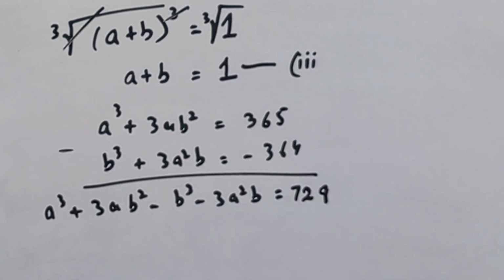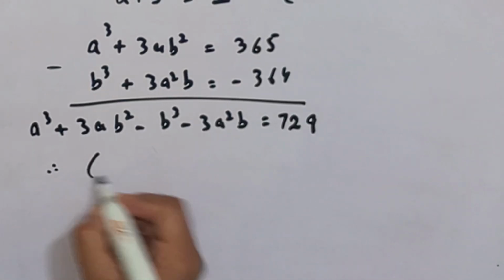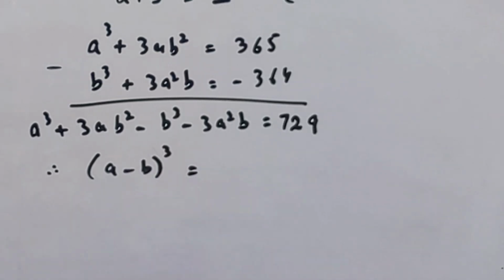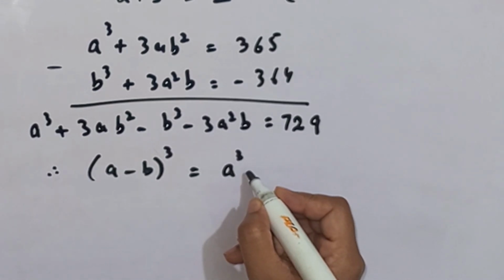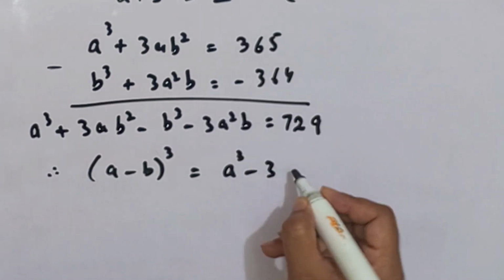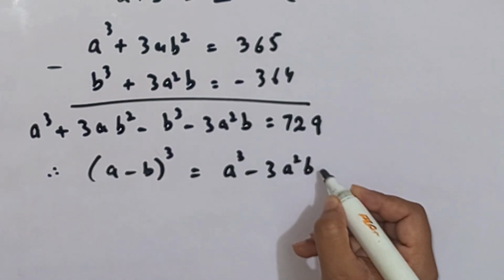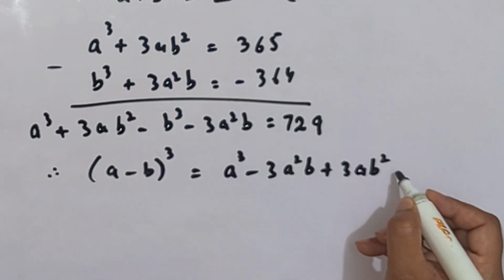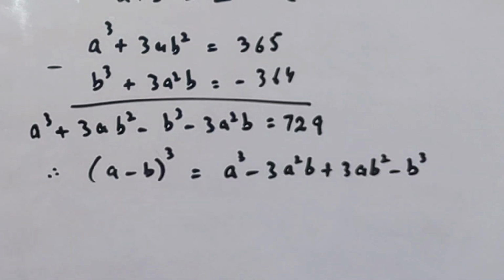Now here we recall the identity: a minus b whole cube is equal to a cube minus 3 a square b plus 3 a b square minus b cube.